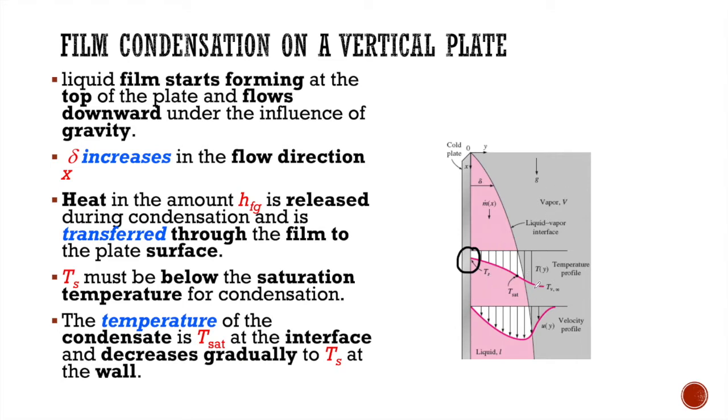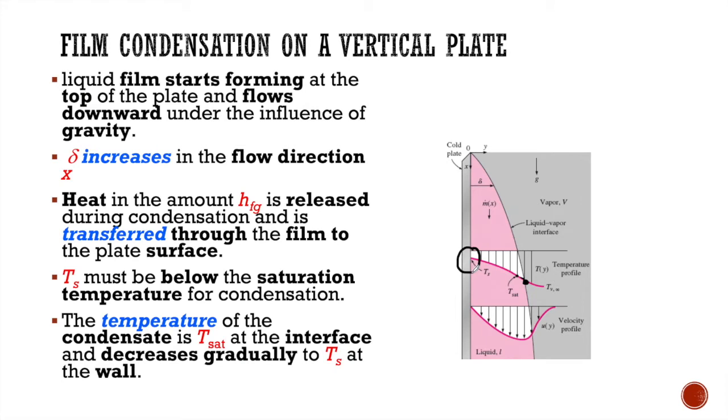So here is the T vapor, and then it will reduce up to the T surface. This T surface will be below T saturation in order for the condensation to occur.